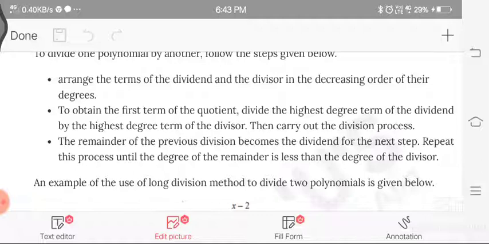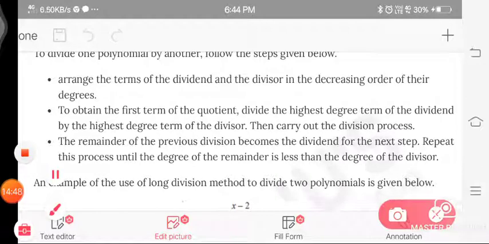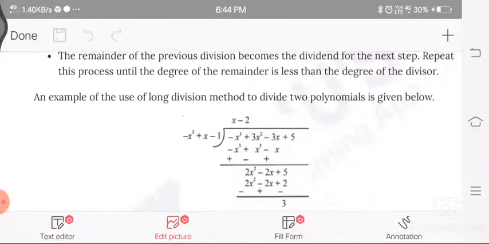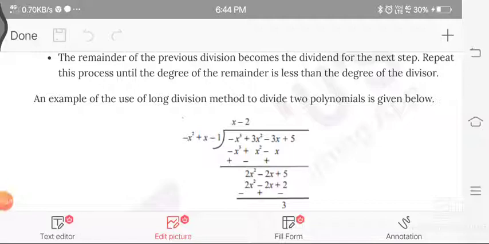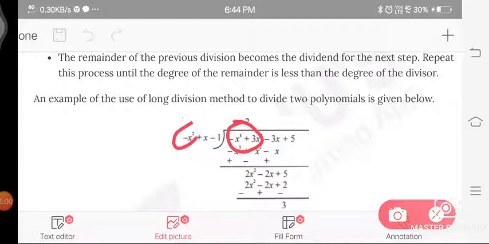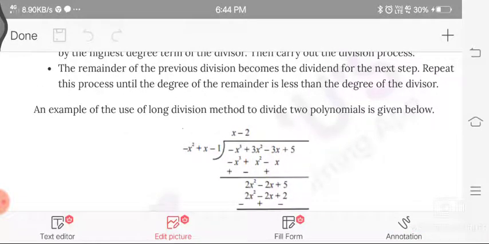So to obtain the first term of the quotient, divide the highest degree term. In this case, the highest degree is x cubed of the dividend, and the highest degree of the divisor is x square. So divide this to get the first term of the quotient.